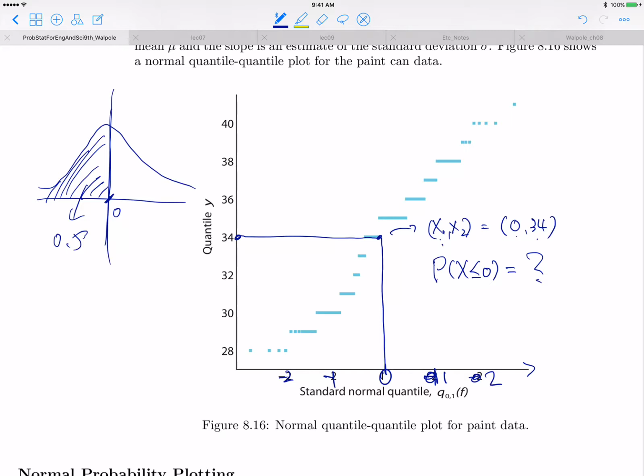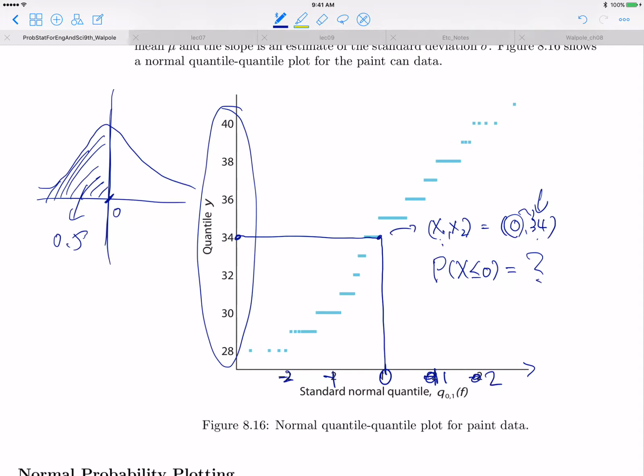Okay? And then this 0 is mapped with the value of y as 34. And suppose these values were some measurement that you obtained, right? It means the value of 34 is exactly at the middle. So it's like a 50th quantile.